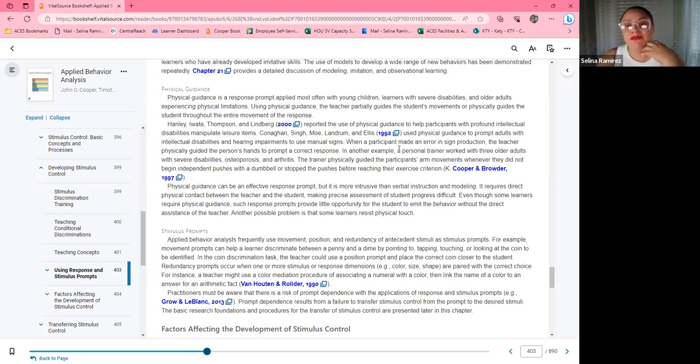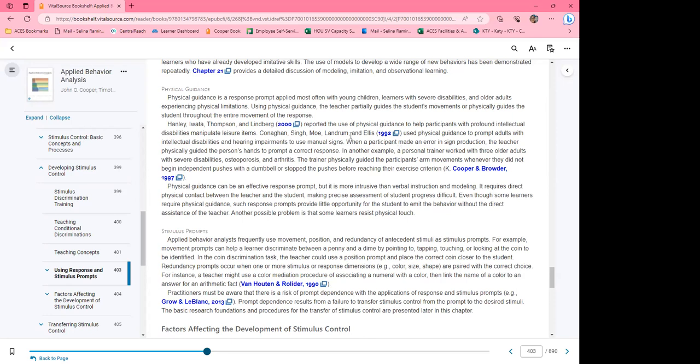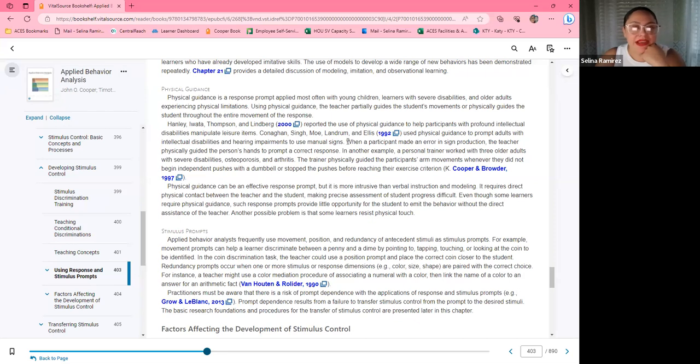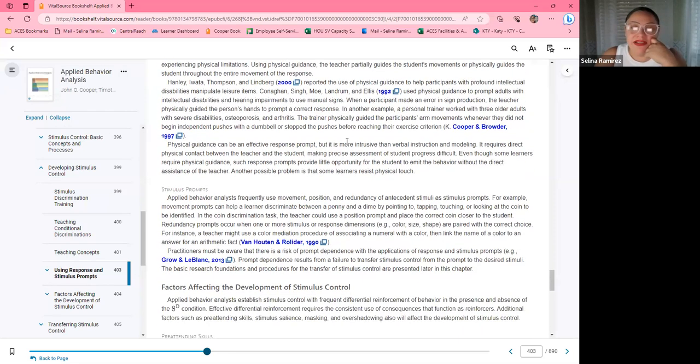And so physical guidance for me, for the older kids, is like a big no. Like, you got to figure out a different way to get them to do it, so that we could preserve their dignity, because you don't need to be physically guiding an older client that's been in ABA for 10 years or something like that. So just keeping those things in mind.